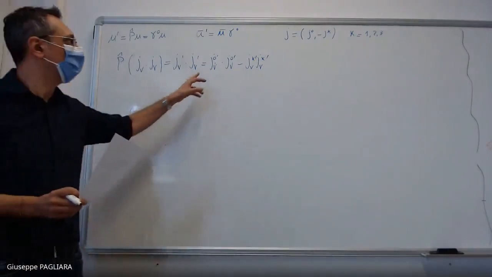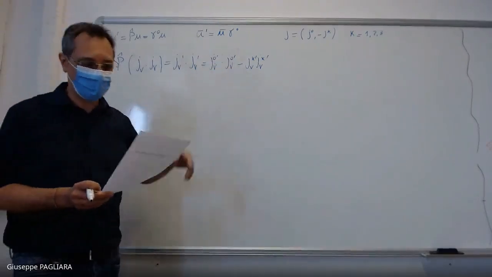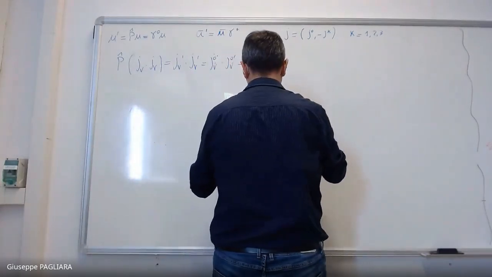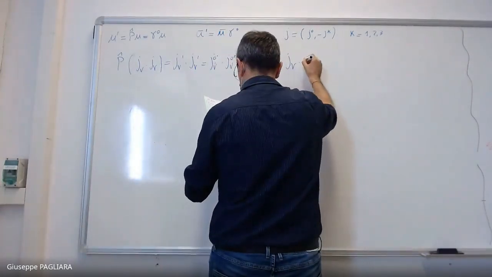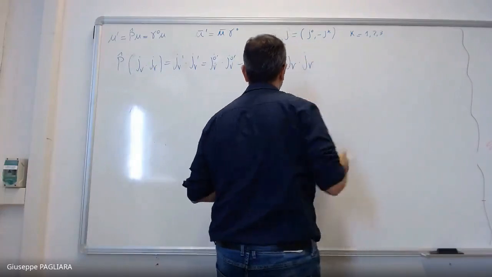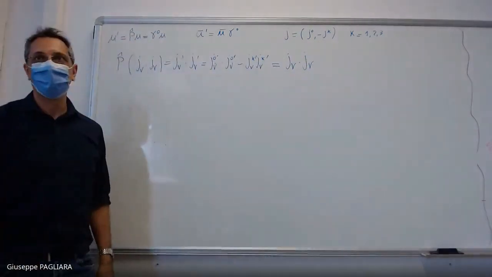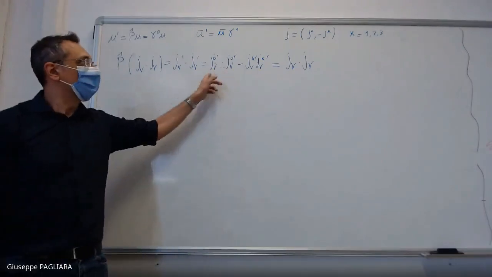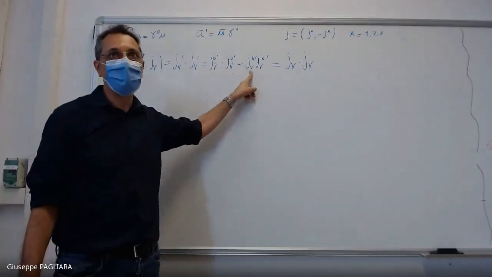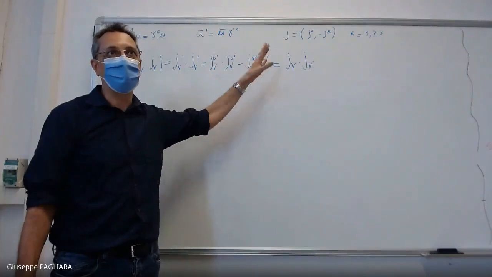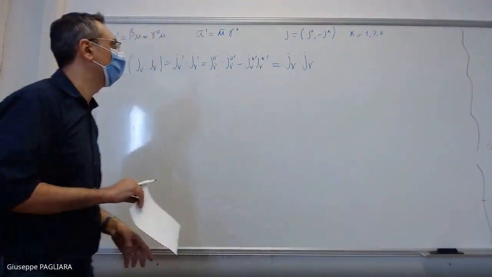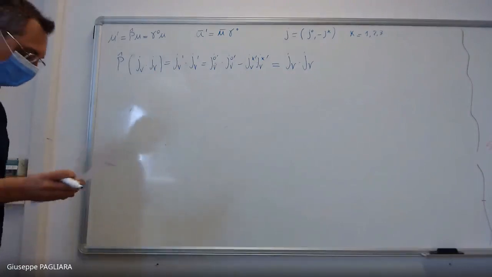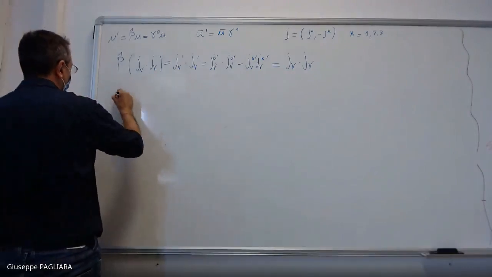Now we apply the result that we derived before. I will skip the intermediate passages. So you will immediately see that, putting the proper signs, this is just J_V scalar J_V. So this is unchanged. This one changes sign, but you multiply by a minus sign. At the end, you get plus. So nothing changes. The scalar product of two vector currents is unchanged by the parity operation.